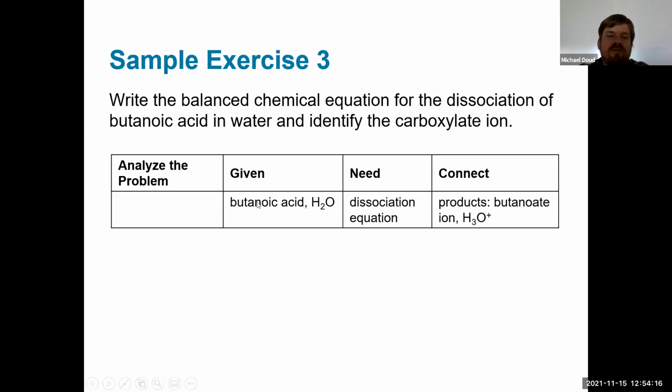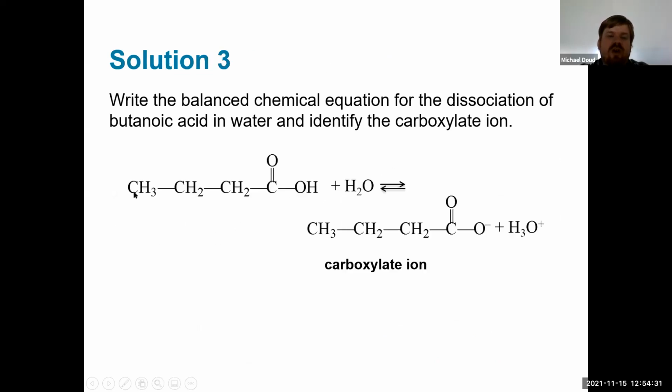Okay, so you're given that you have butanoic acid and water. They're going to react to form the carboxylate ion, the so-called butanoate ion, and the hydronium ion. So the way that you can draw it, and I recommend drawing it line angle structure, but you can also use the condensed structural formula like this if you prefer.